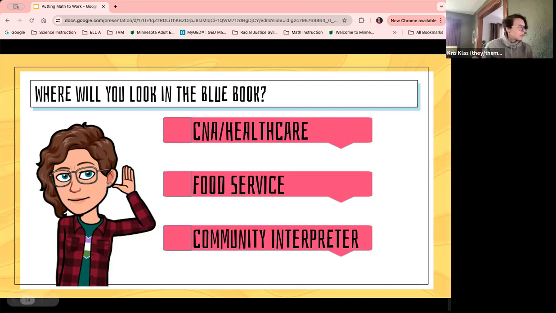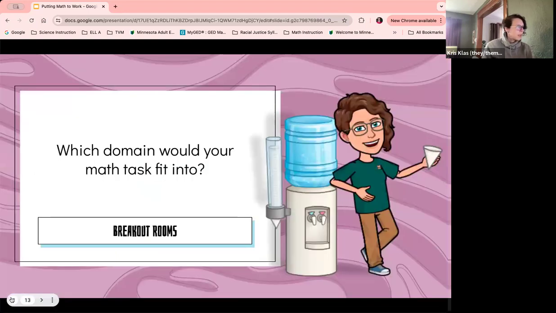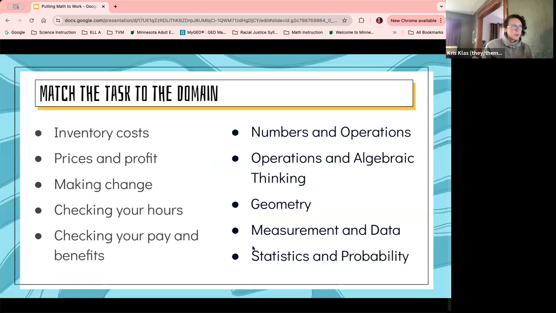Let me go back to this page here, so we have that list again handy. Did people feel like, for the most part, the tasks fit in those first couple, the numbers and operations, the operations and algebraic thinking? Or was the career pathway that you're teaching more in other domains?